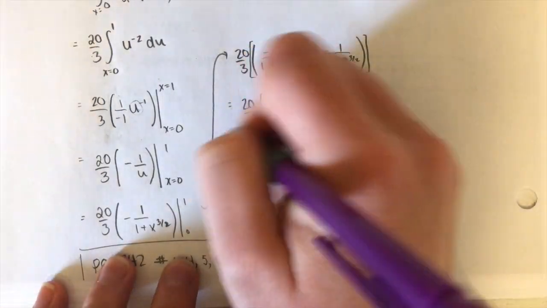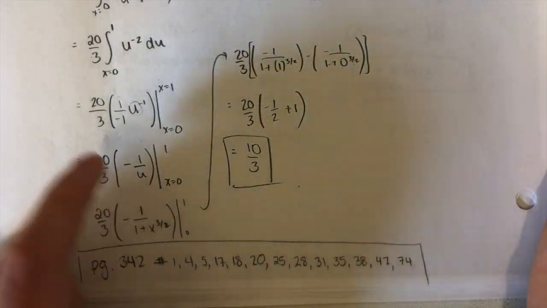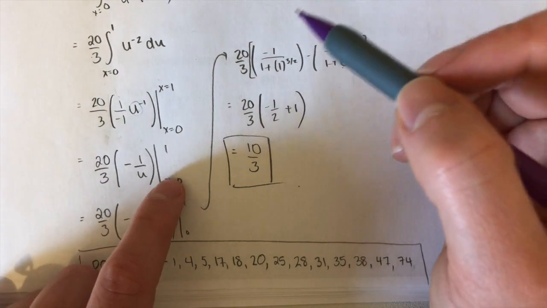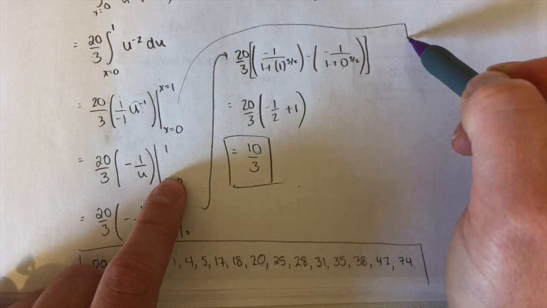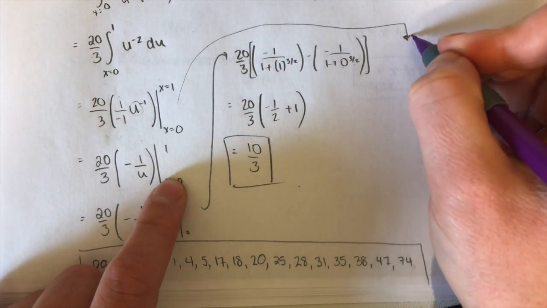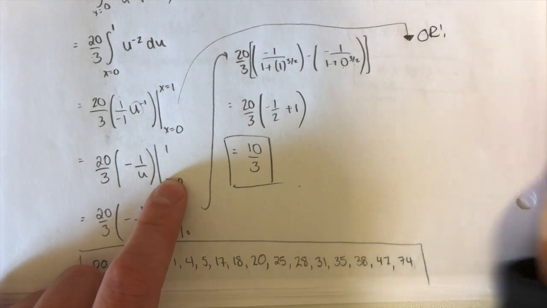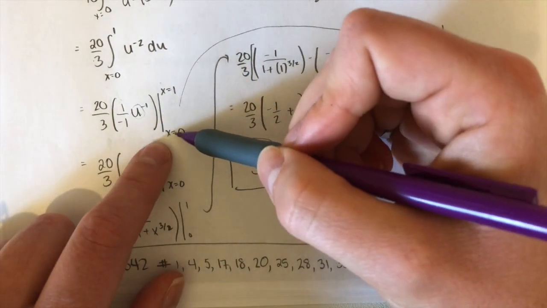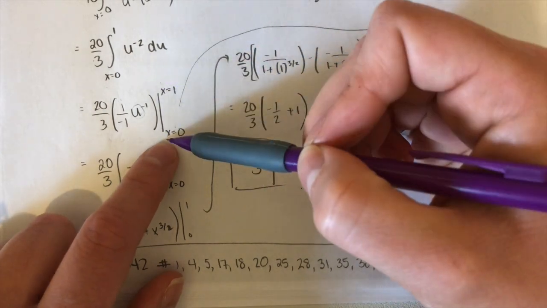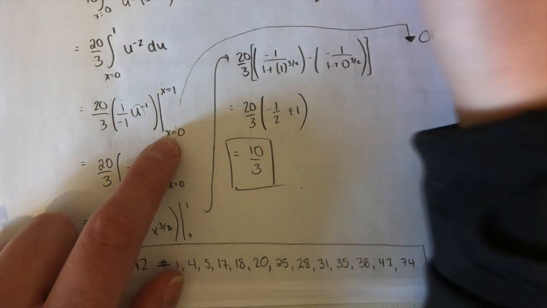Okay. The other way that we could have done this, and if you're out of room, you don't necessarily have to write this down, is instead of plugging in x's here, we could figure out, okay, when x is equal to 0, what's u equal to?